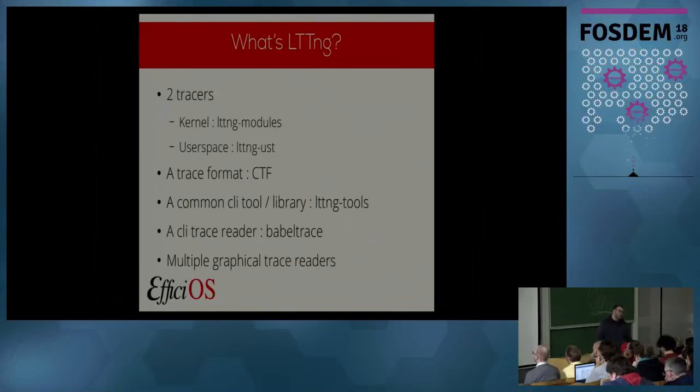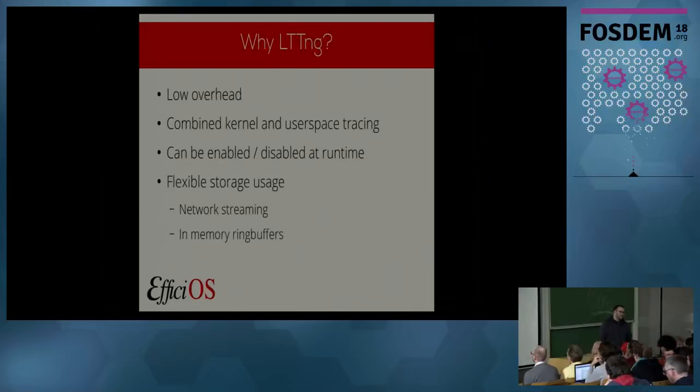And also multiple graphical user interface viewers like Trace Compass and LTTng Scope, which give you the ability to go through traces, export them, run some analysis on them, do some graphs and other stuff.